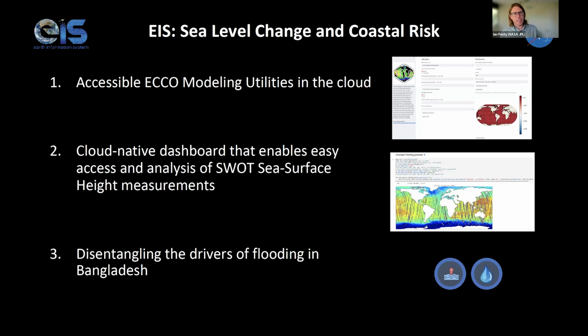And specifically, this data set became available a few years ago during the development, concept, and construction of the SWOT altimeter.